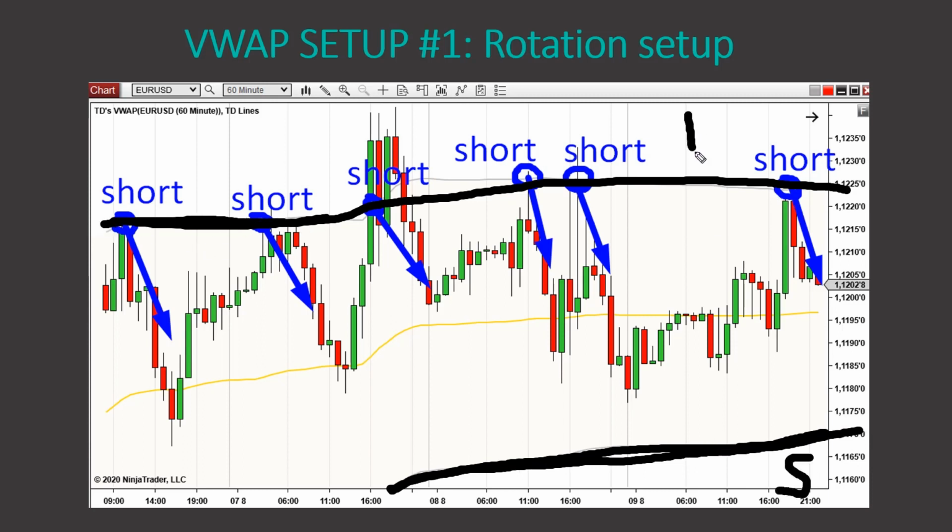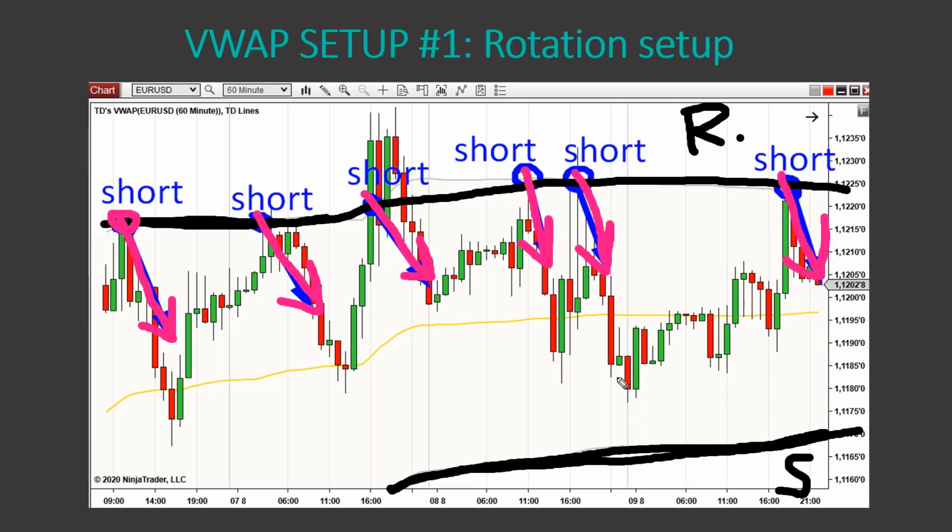This one is a resistance. So whenever the price hits the resistance or the support, you can enter a trade. All right, so short from here, short from here, short from here, another touch in here, another one, another one.